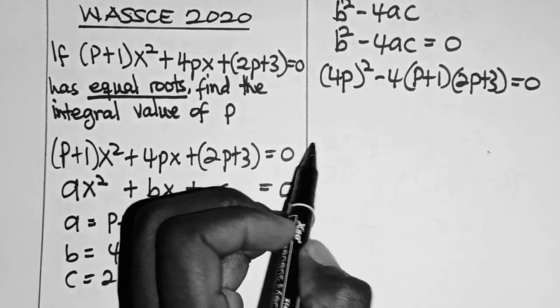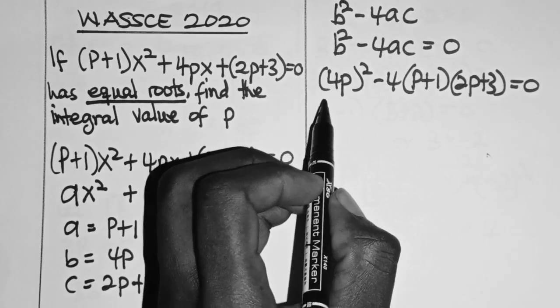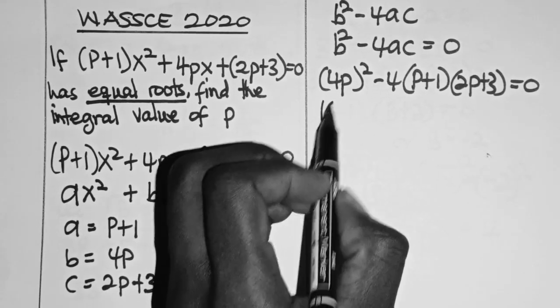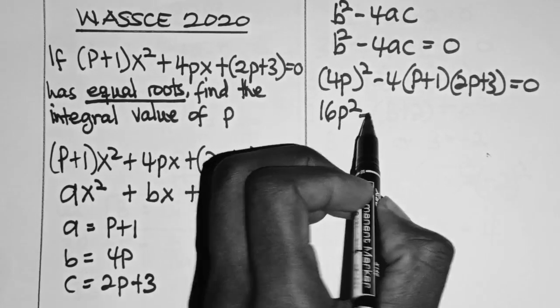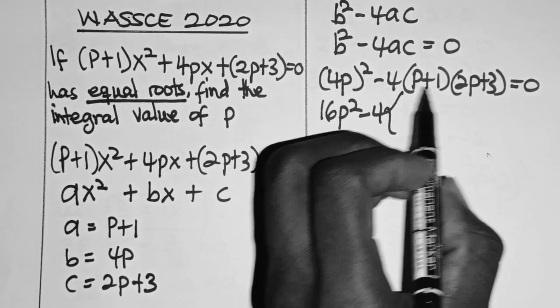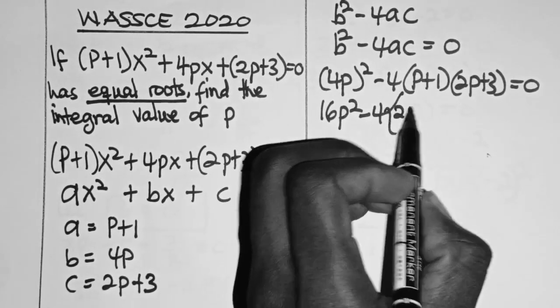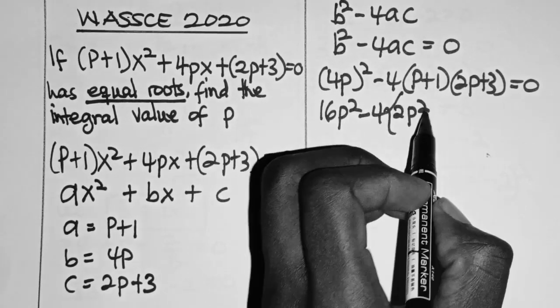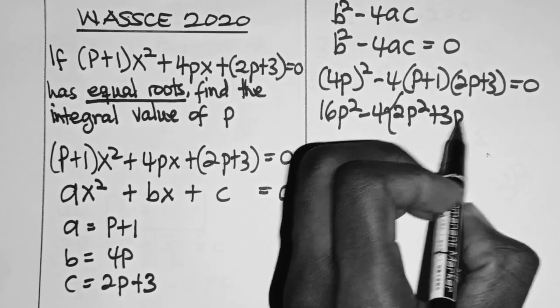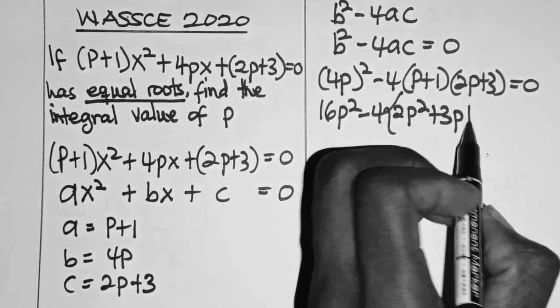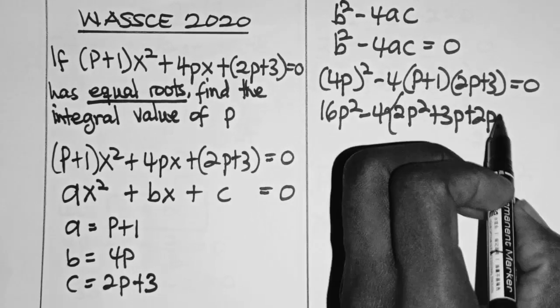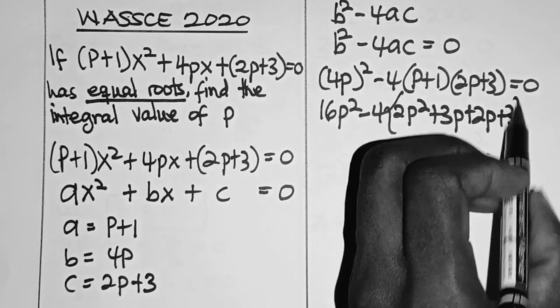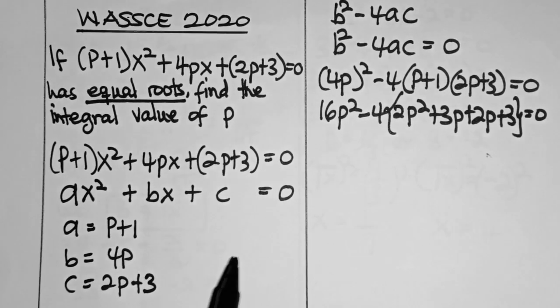This is equal to 0. So 4p squared, 4 squared is 16, so it becomes 16p squared. Then minus 4 times, now p times 2p is 2p squared. Then p times 3 is plus 3p. Then 1 times 2p is plus 2p. And 1 times 3 is plus 3, equals 0.